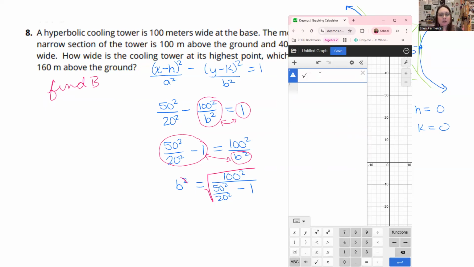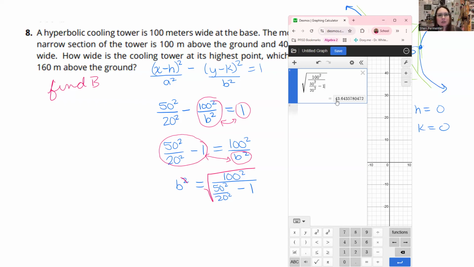Square root, 100 squared, divided by 50 squared, divided by 20 squared, minus 1. I know it looks pretty ugly, right?